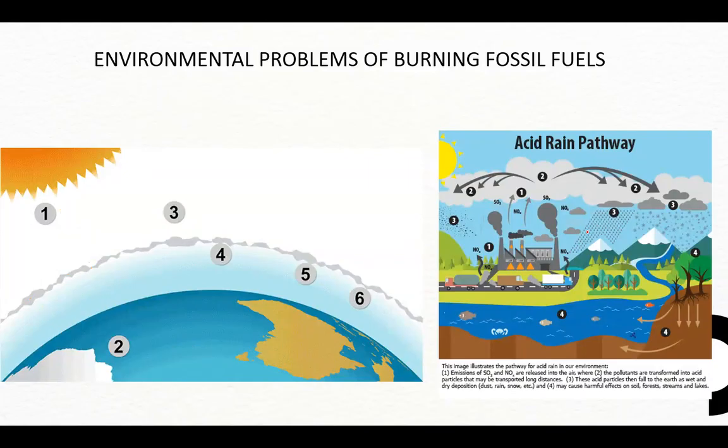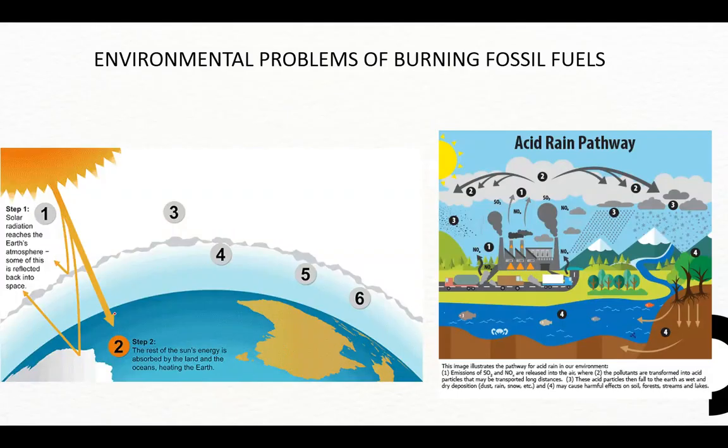Now, what are some environmental problems of burning fossil fuels? We come into two major problems here. We have global warming and we have acid rain. So you can pause at any point when all of the parts come up because we may be talking a little slower than what is actually showing. But global warming is something natural, right?